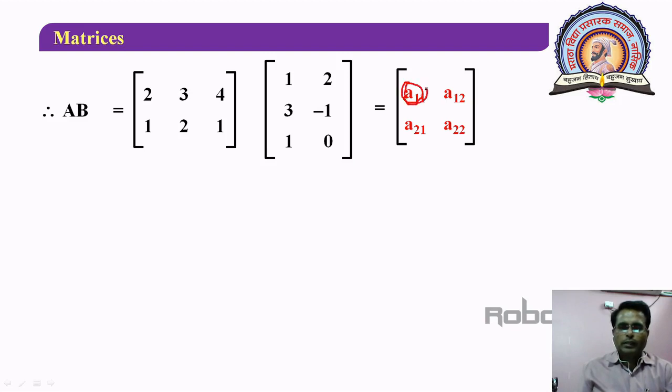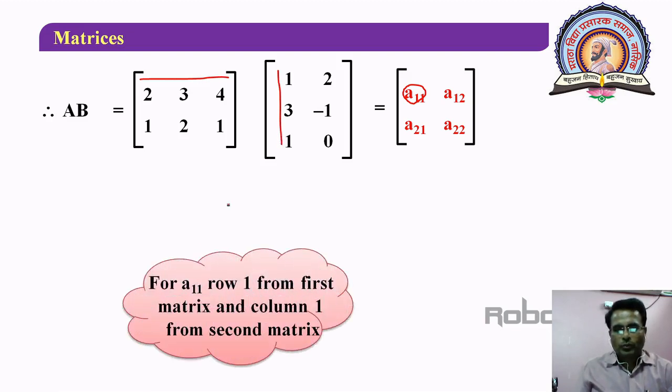When you consider the element in the first row and first column, to obtain that you have to consider the first row here and the first column here. So for A11, the first row of the first matrix and the first column of the second matrix, you have to consider this way.